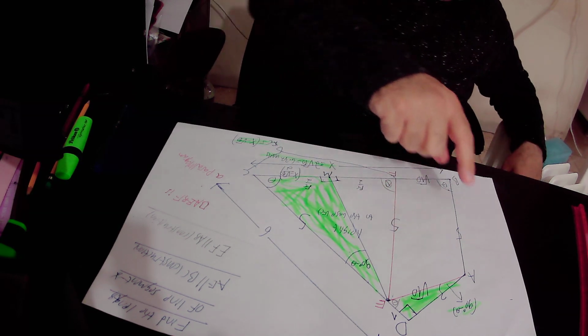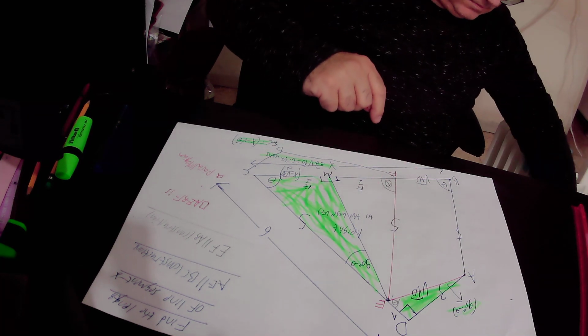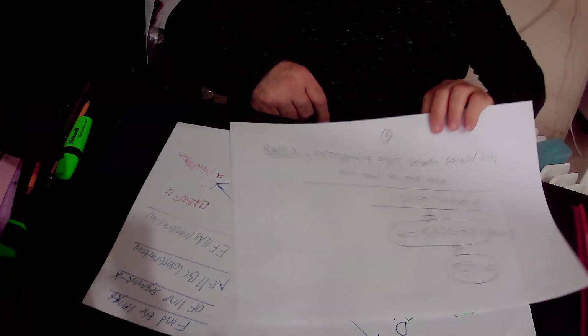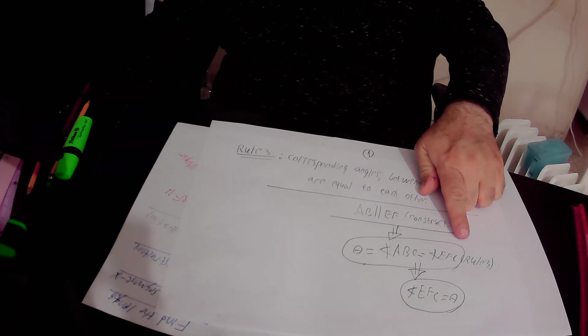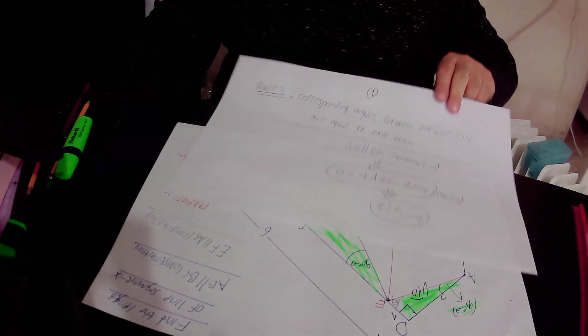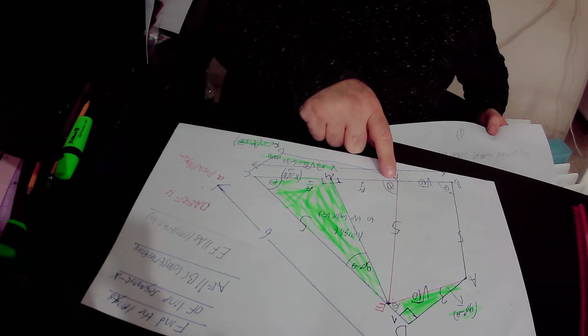That is to say, angle ABC will be equal to angle EFC according to rule number 3. But it is given in the question that angle ABC equals theta. So from this equation, theta equals angle ABC equals angle EFC, we will derive that angle EFC is also equal to theta.